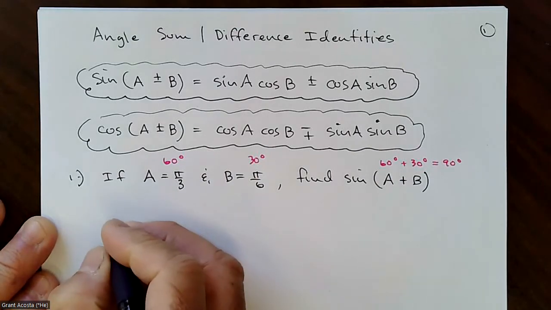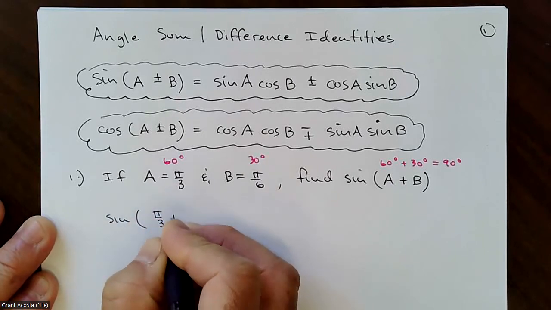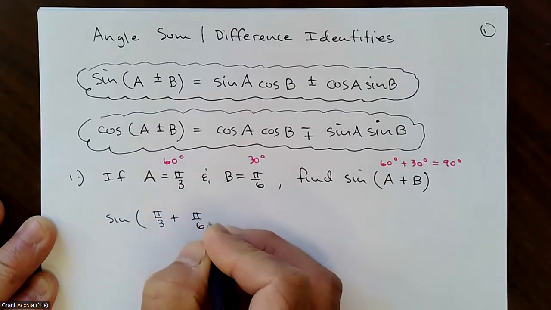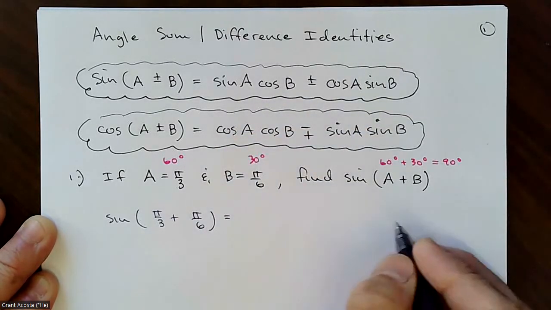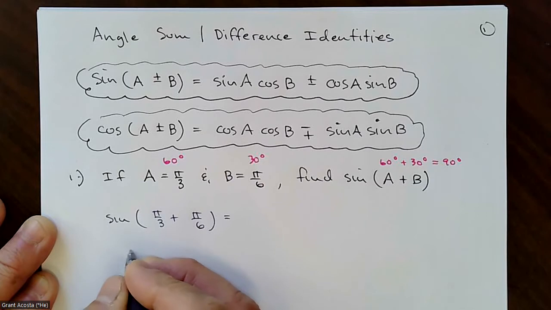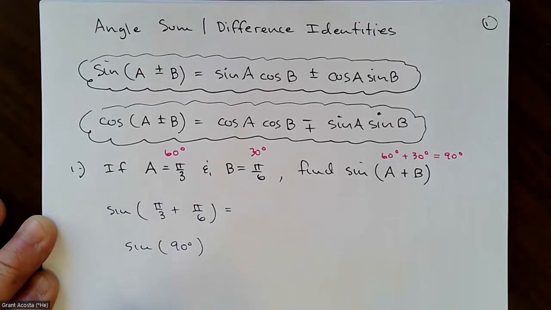So the sine of pi over 3 plus pi over 6, I'm going to use the identity, but let's just acknowledge that this is the same as the sine of 90 degrees, also known as pi over 2.